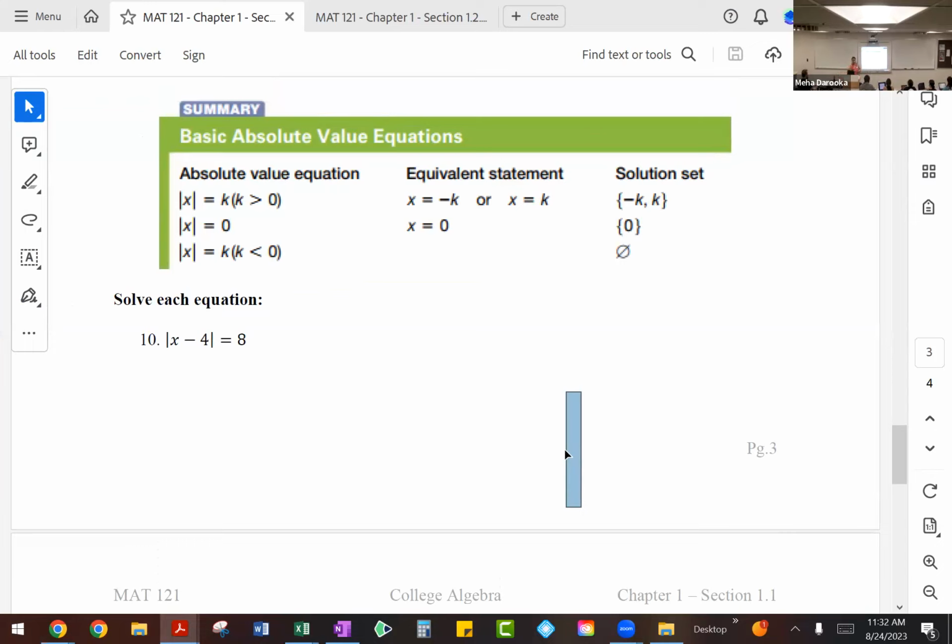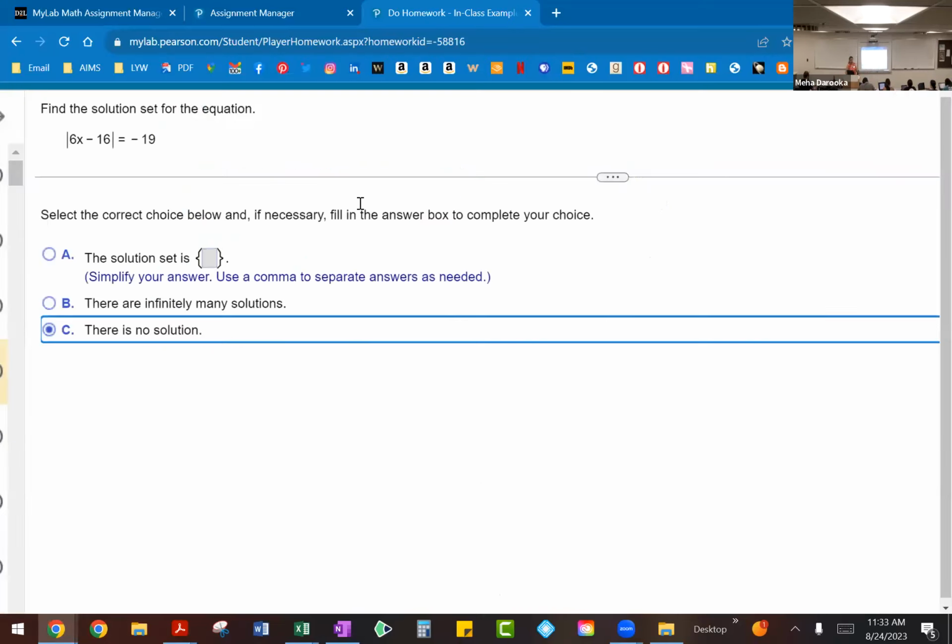If you look at that last one where it says absolute value of x equals k, and they're telling us k is less than 0, which means k is negative, you will see as you move to the right, it tells us our solution set is an empty set. That's the symbol for empty set. So it's basically saying there's nothing in your set. And that's what the example we looked at is talking about: we have an empty set because distances cannot be negative numbers.